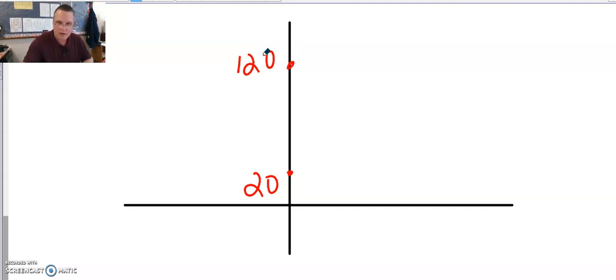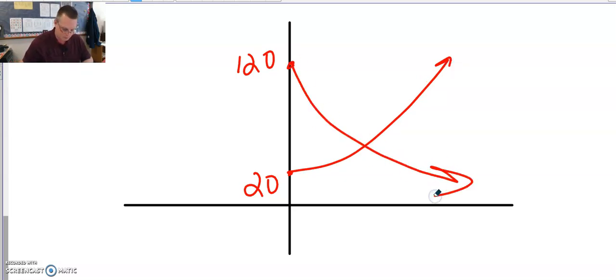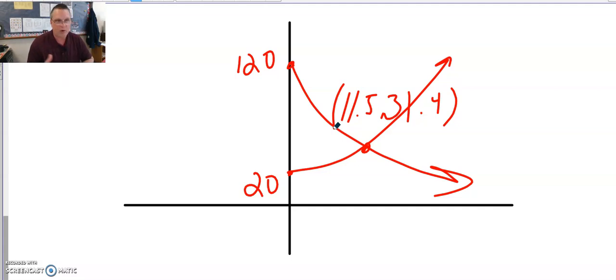This one was going up like this, and this one was going down like this, something like that. And this coordinate here is 11.5 and 31.4. That's the intersection point. Now, we don't show anything to the left of it because that would be negative time, and we're not talking about that. We're talking about weeks from the starting point, so that's why we start at the y-intercept. That is good enough for me to sketch it.